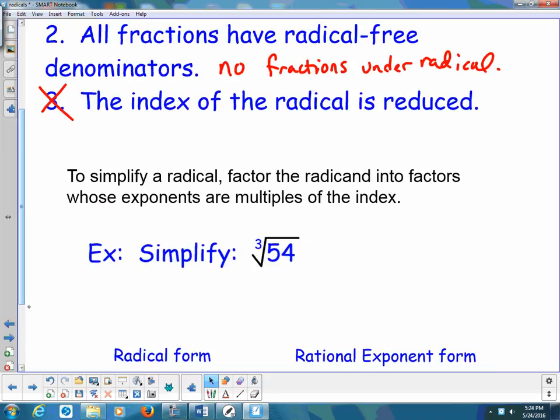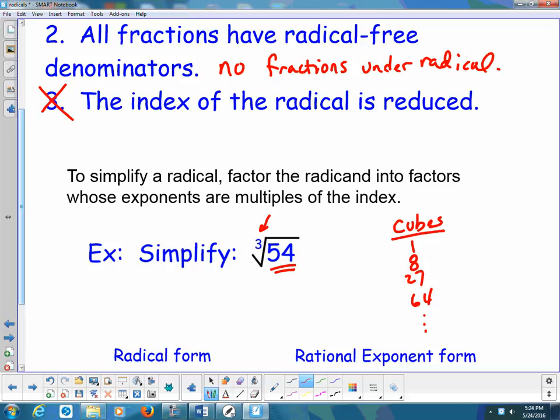All right, so how would we simplify that? Well, let's think back to our perfect cubes. Is 54 a perfect cube? No? Well, what are our perfect cubes? We listed them on the other page, but let me just write them here. 1, 8, 27, 64, and so on. Do any of these numbers divide into 54? Yes, 27 does. It goes in 2 times.